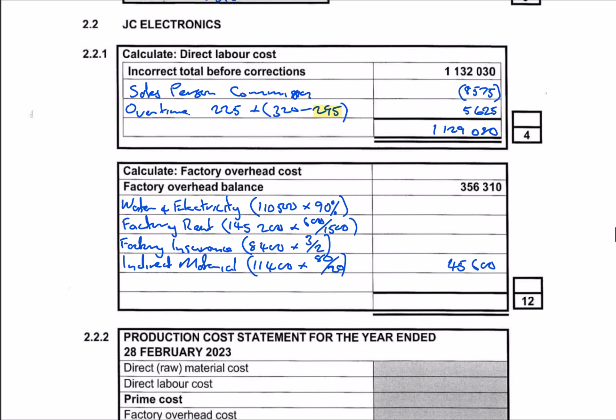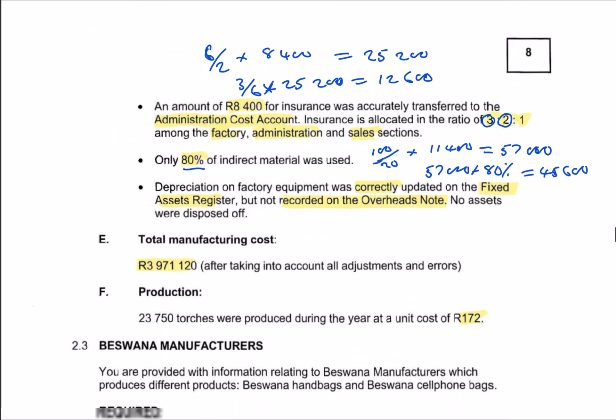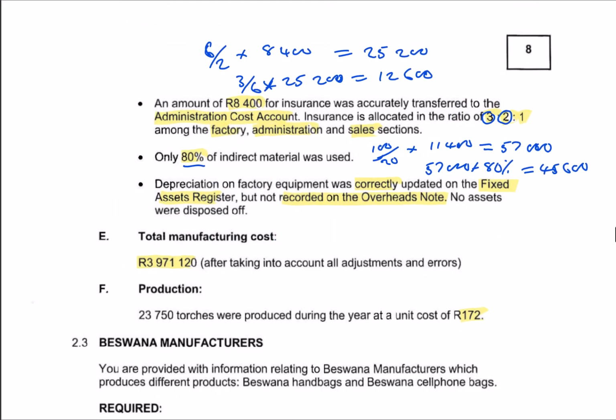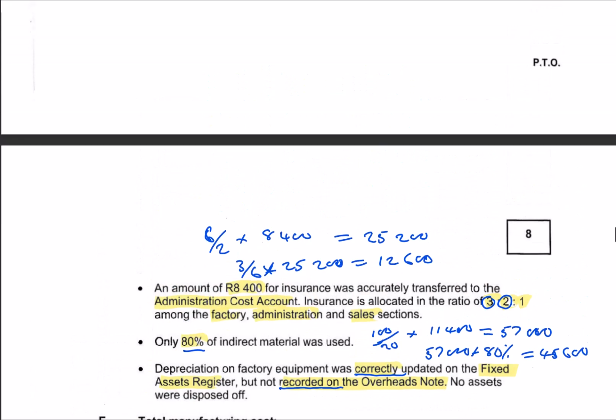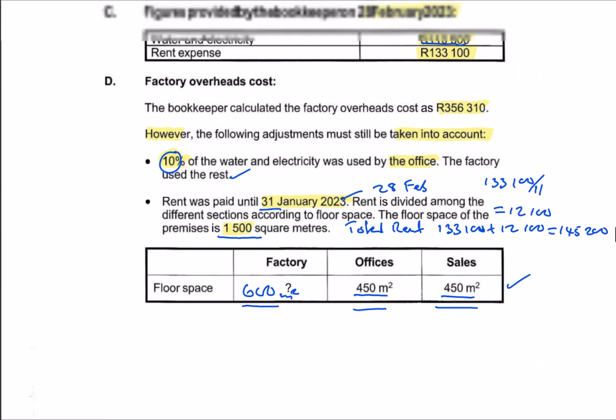And then the last one, I think, depreciation on factory equipment was correctly updated on the fixed asset register. So the key term is correct, but not recorded in the overhead note. So it's just basic recording, and we have that depreciation here.